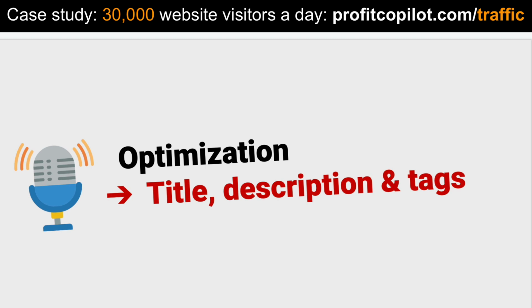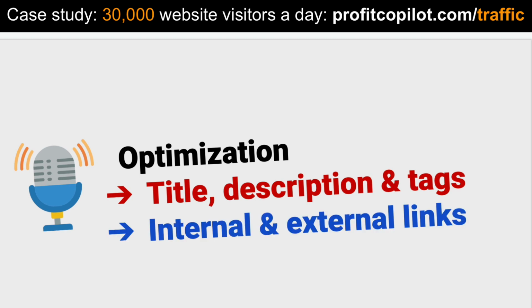And then when we have the optimization side done on your actual content, we need to think about the internal and external links. So we're going to talk about your website in a second, because that is a vital aspect in your marketing strategy. You might not think it. You might think, well, iTunes and Spotify, these are the big players.